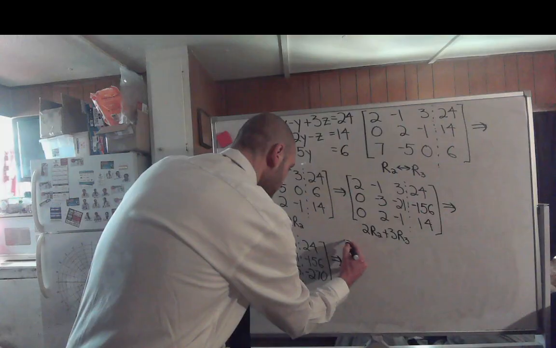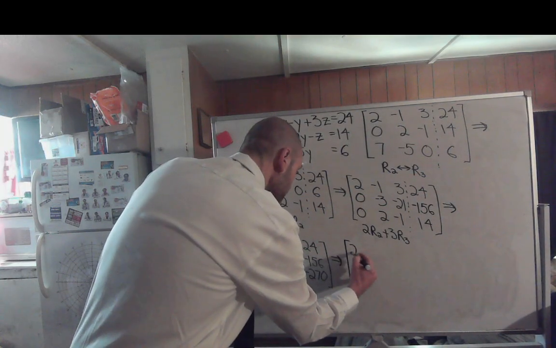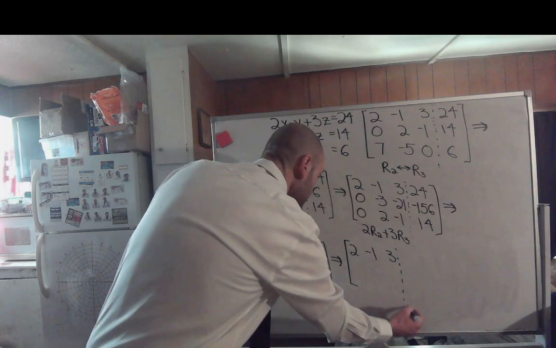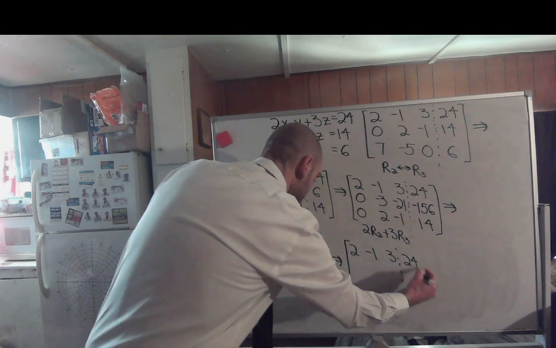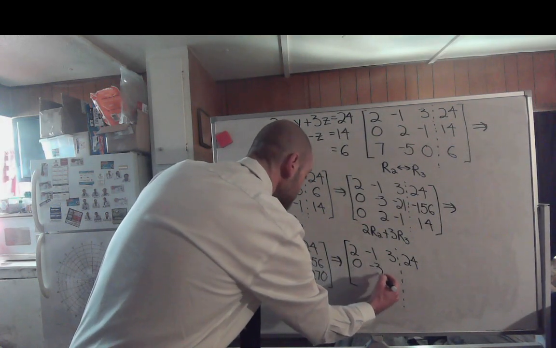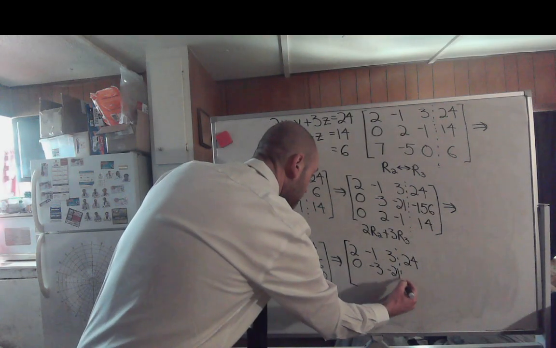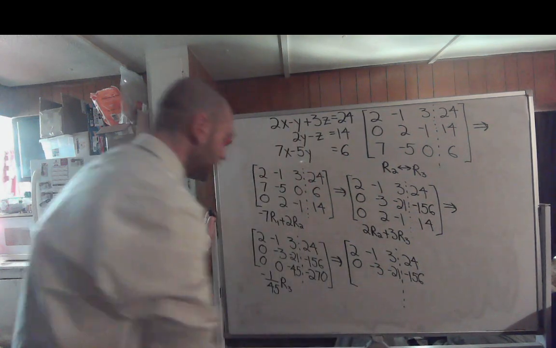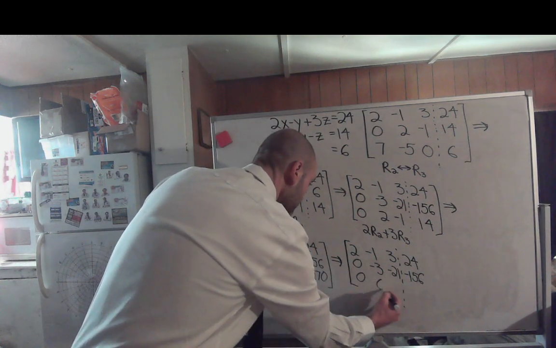So you'll still have 2, negative 1, 3, and 24. We're leaving row 2 alone temporarily: 0, negative 3, 21, negative 156. So you'll have 0, 0, 1.